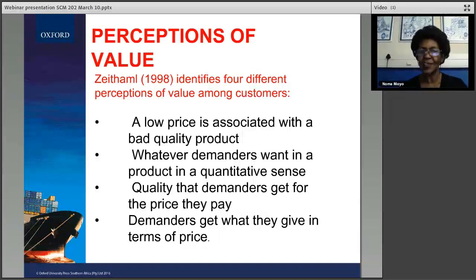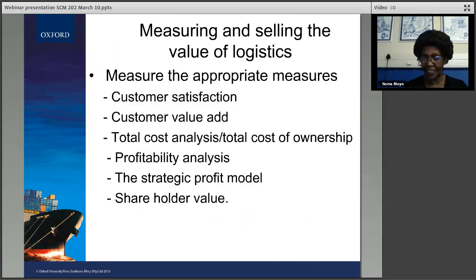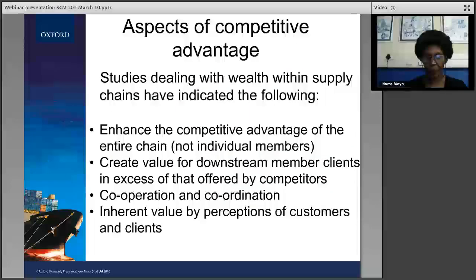That's a perception. Whatever demanders want in a product, in a quantitative sense, people regard that as a value. Then, quality that demanders get for the price they pay. That's what people perceive as value. Demanders get what they give in terms of price.